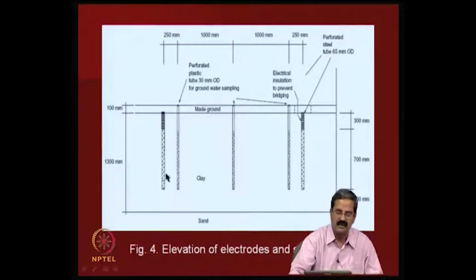If you want sampling also, because you should measure the various changes in chemistry that are going to take place. Electrical insulation to prevent bridging, as I just mentioned. I do not want short circuiting between the two electrodes, okay. So, this sort of experiment can even be done in the laboratory, right. One can do this, like take maybe if not 1 meter, take half a meter and try to do some experiments, it is possible.